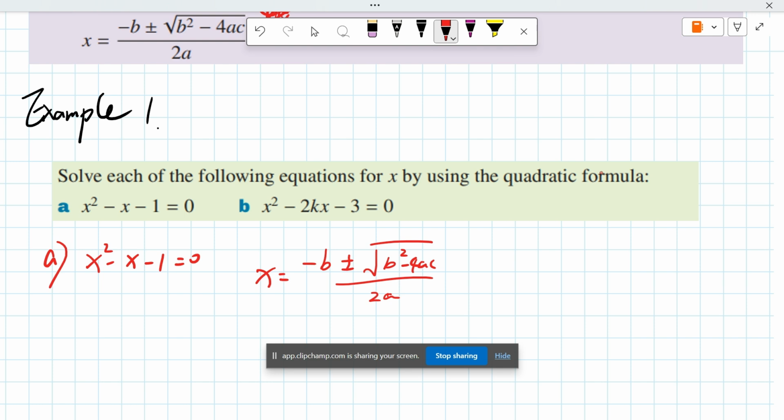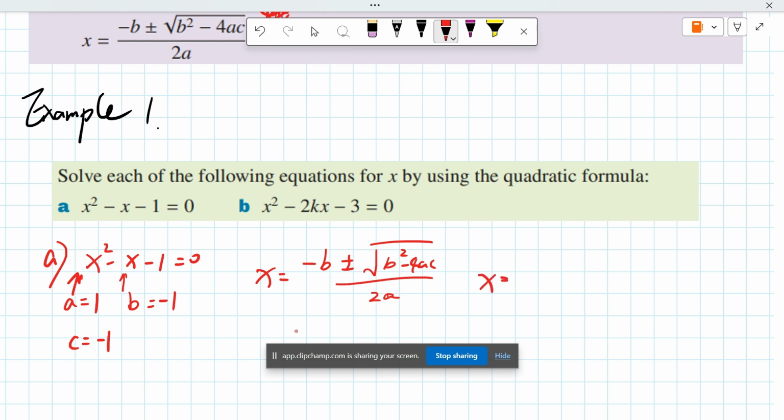You probably know what a, b and c are. A is the number in front of the highest power, so a equals 1. B is the number in front of x, which is minus 1, and c equals minus 1. So that's what we know.